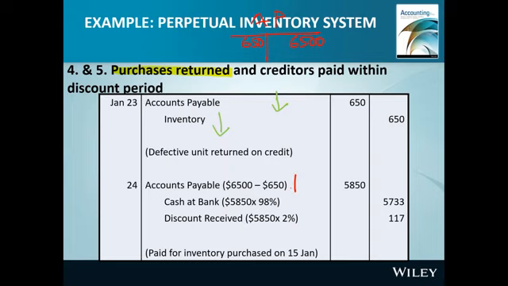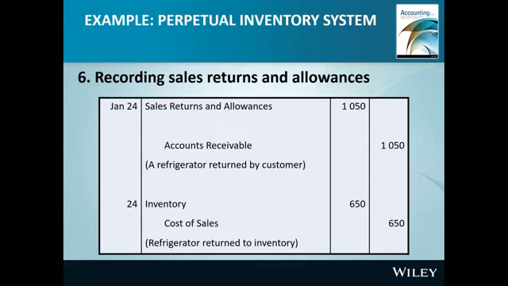So our account payable reduces, our cash also reduces, our revenue increases. This is the discount given by our supplier.